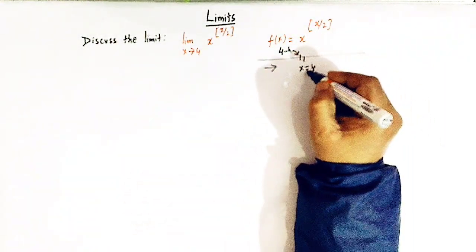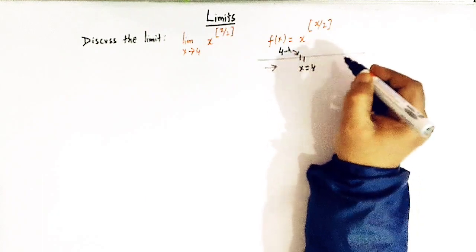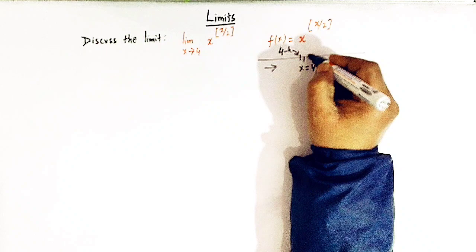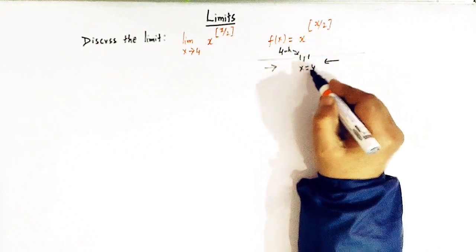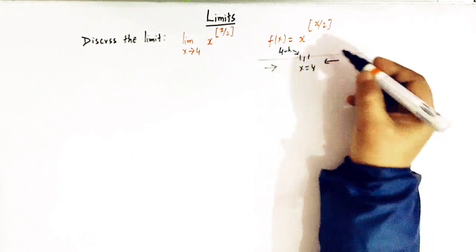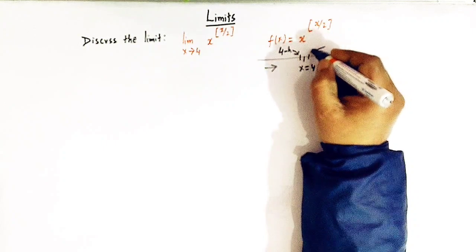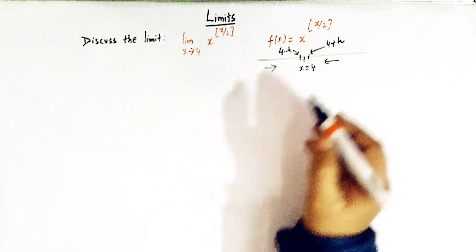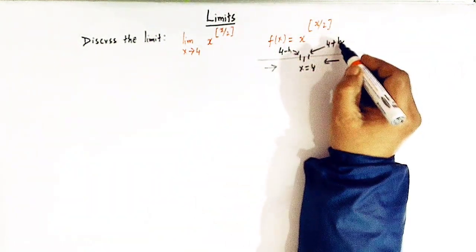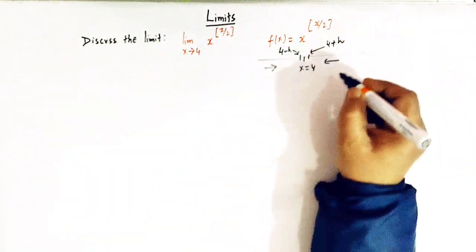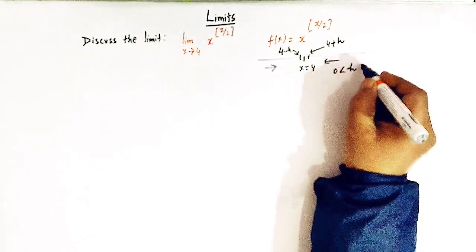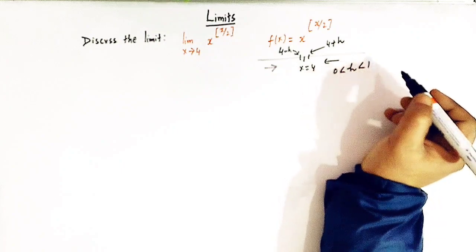And when we approach x is equal to 4 from the right of x is equal to 4, then we have another point in the right neighborhood of x is equal to 4, such that this point is 4 plus h, right?